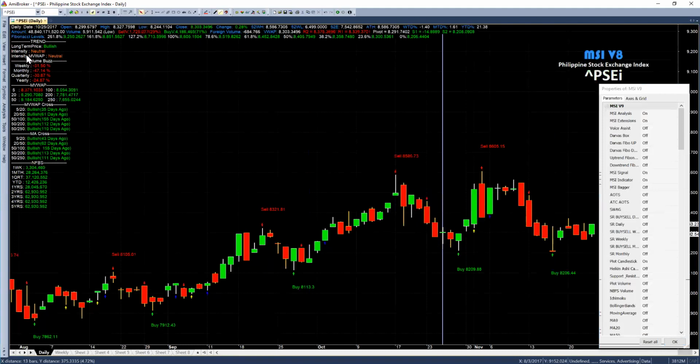Okay. Then we have the intensity of the trend, intensity of the MVWAP. Then we have the volume buzz, kung gaano kalakas yung mga volumes. Then we have the MVWAP.